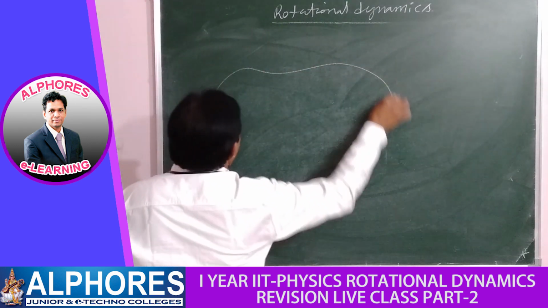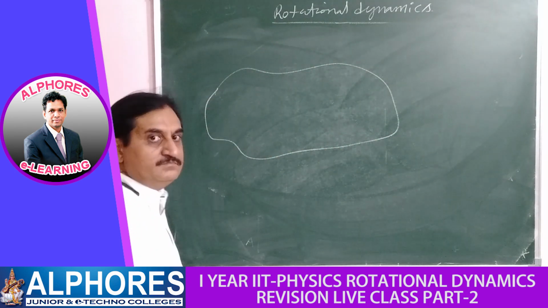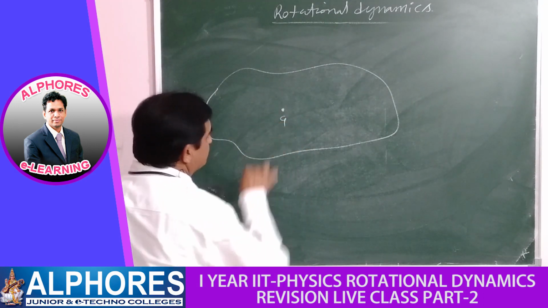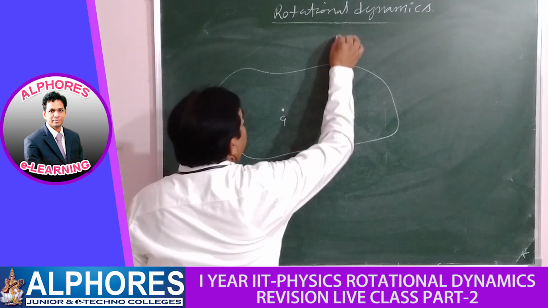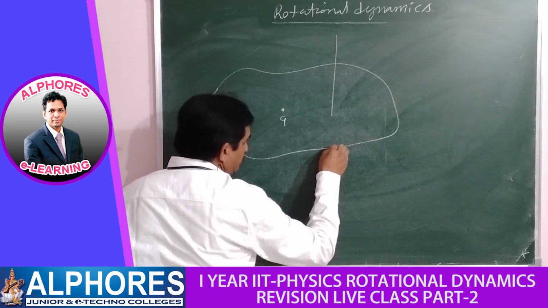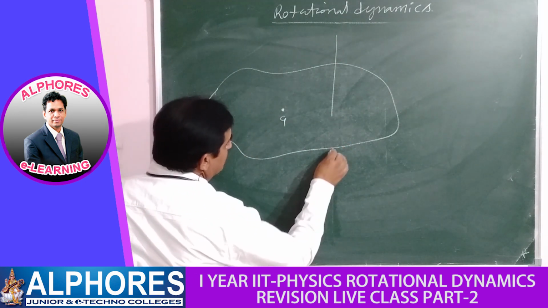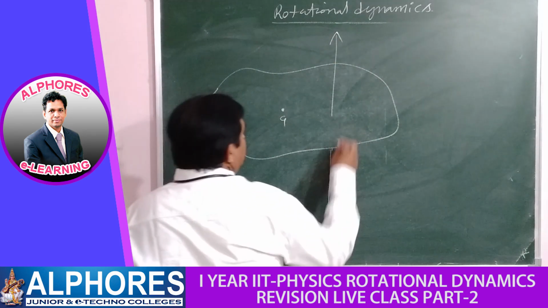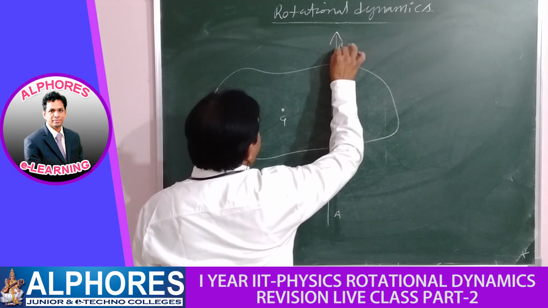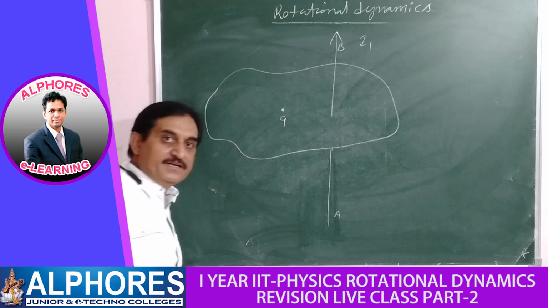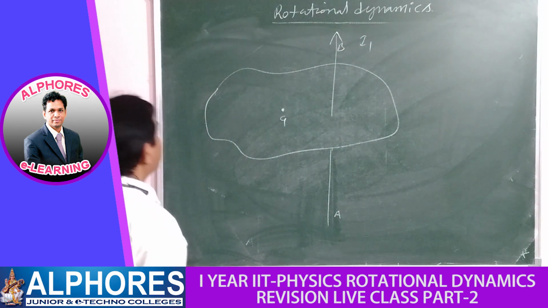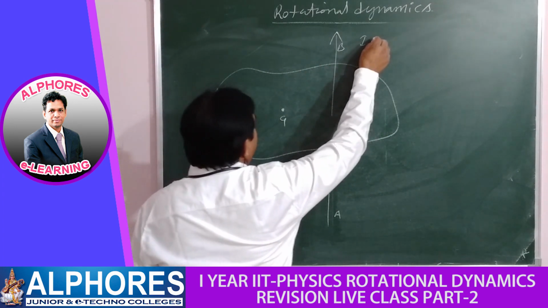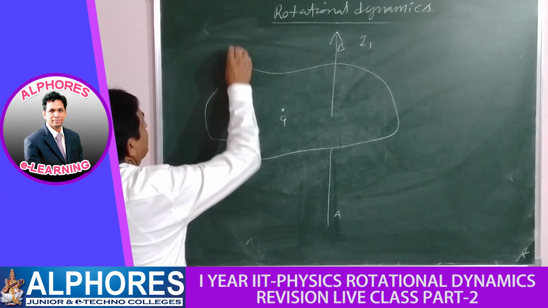So let us consider a rigid body. It has its center of gravity here and one axis passing through this body other than the center of gravity. This is axis AB, its moment of inertia say I1, a known value.